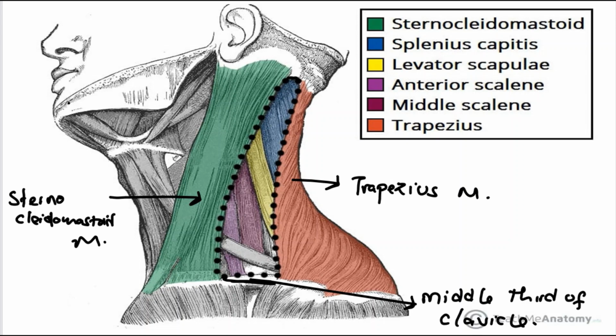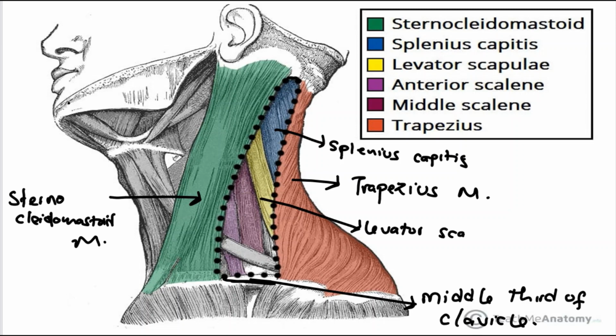Now, let's look at the muscles that make up the floor of this triangle. So starting from the superior going to the bottom, you have the splenius capitis muscle. So this is the splenius capitis. And then you have the levator scapulae here.